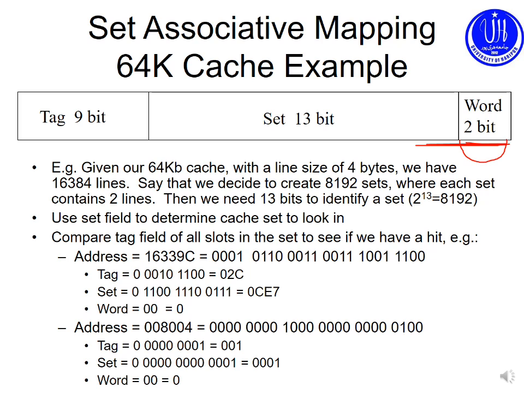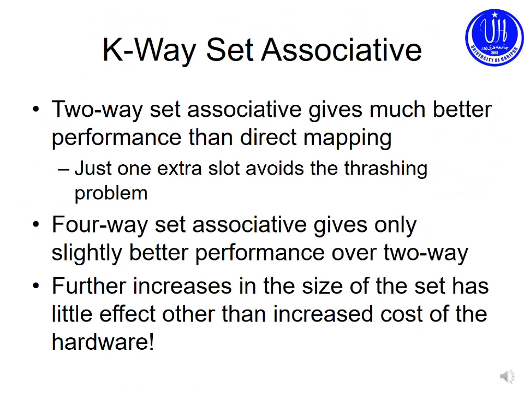The next bits, just like in direct mapping, identify the set, since the set is predefined. So it must be enough to uniquely identify the total number of sets in the cache, and the remaining bits are the tag. So this is all about k-way set associative.